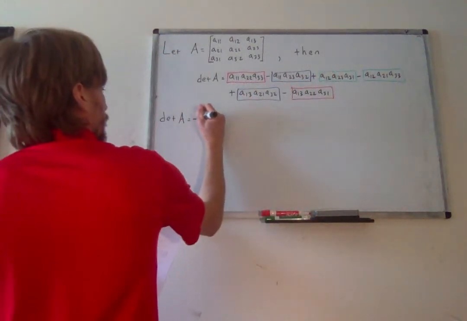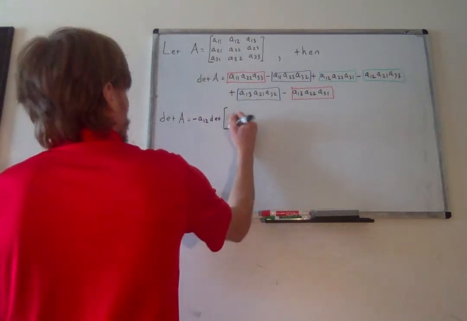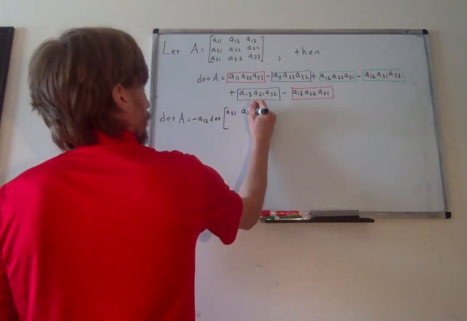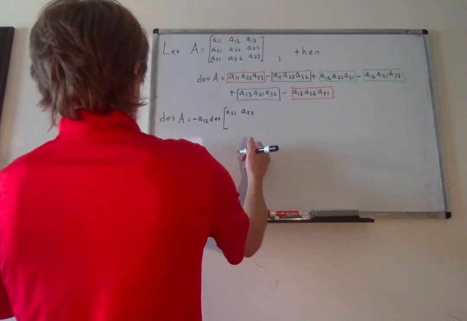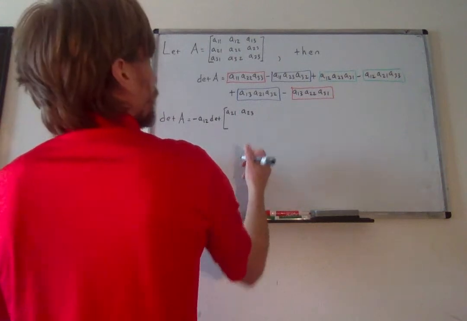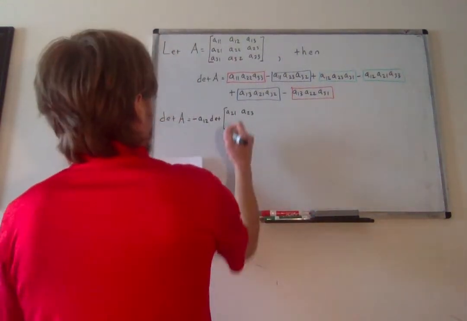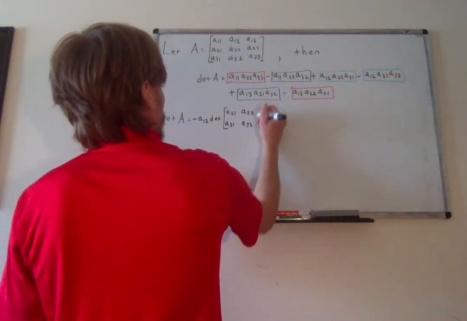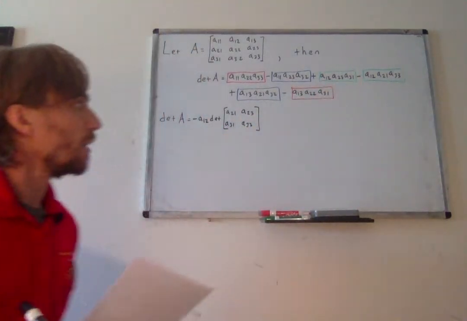So I get negative A sub 1,2 times the determinant of A21, A23, A31, and A33. Sorry, I forgot that we were multiplying this by -1, so the order here was throwing me off.